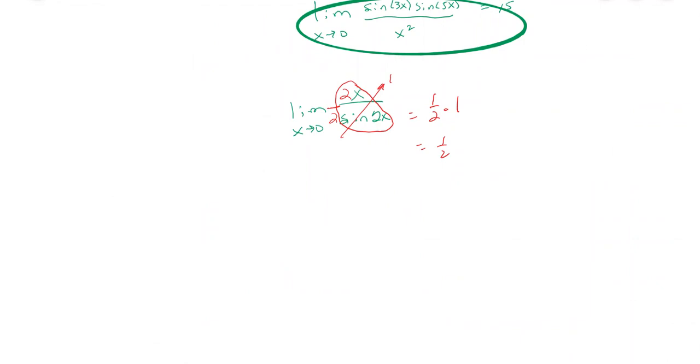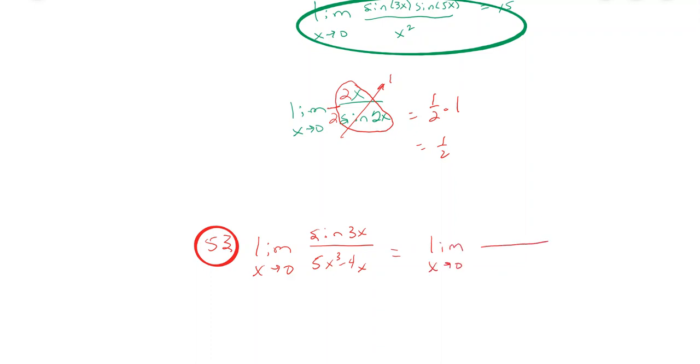So let's look at 53. And 53 says the limit as x goes to 0 of sine of 3x over 5x cubed minus 4x, right? And so we've got that 0 and we've got the sine of 3x. Maybe we could factor out an x. And we'd have sine of 3x over x times 5x squared minus 4.